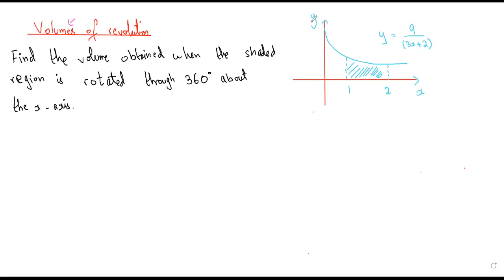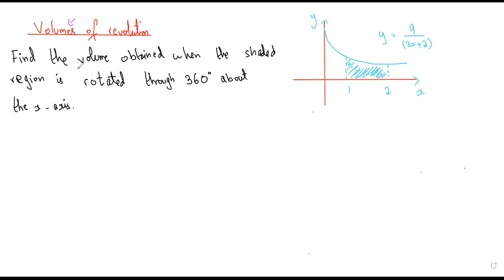Please pay attention. What is the question? Find the volume obtained when the shaded region is rotated through 360 degrees about the x-axis. In this diagram, you do not know about the 3D thing. All you know is that this is your shaded region and it would be rotated through 360 degrees about the x-axis, and again you might get a bell-shaped thing.